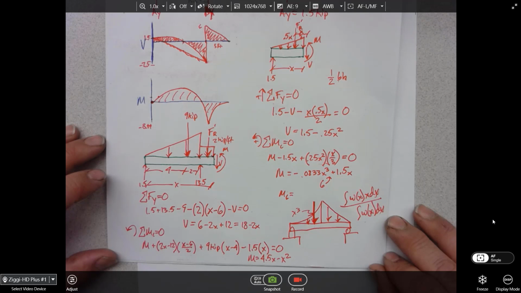So the sum of the forces in y, I'll have 1.5 plus 13.5 minus 9 minus, this has a magnitude of 2 kip per foot, so minus 2 times, if this distance is x, what would it be multiplied by?